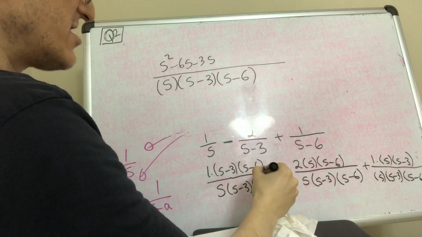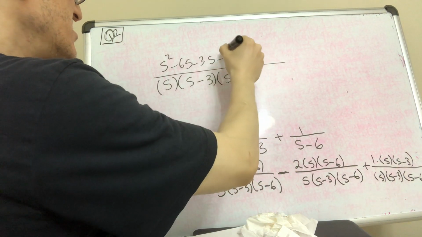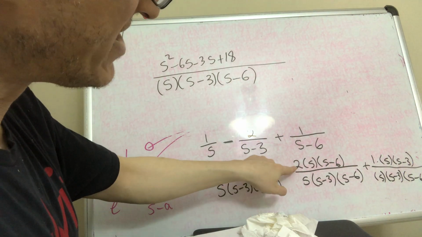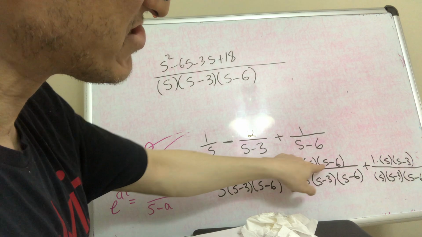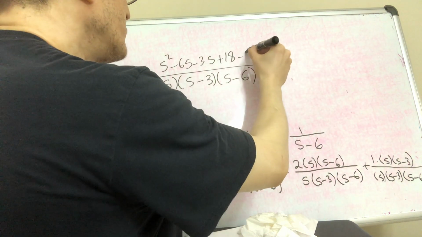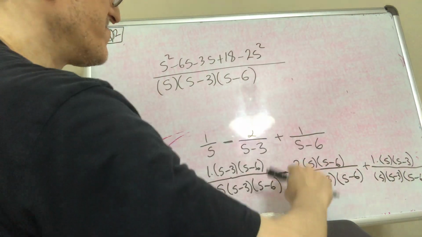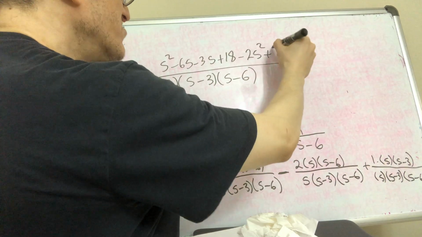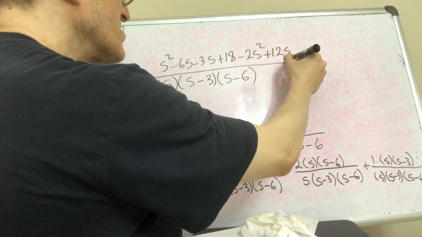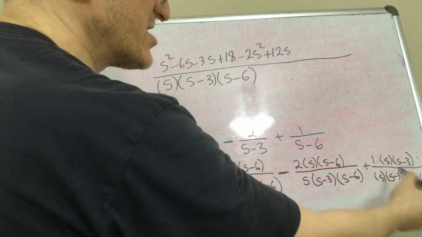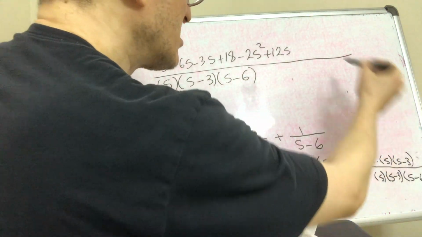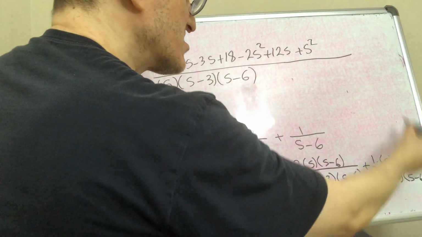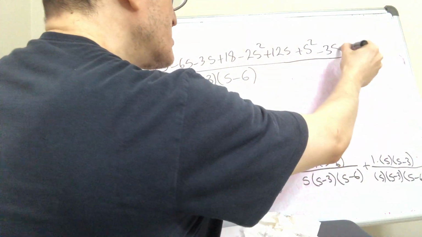And minus 3 times minus 6 is 18. Here we have minus 2s times s, minus 2s squared. Minus 2s times minus 6 would be plus 12s. You can ignore the 1, s times s is s squared, and s times minus 3 is minus 3s.